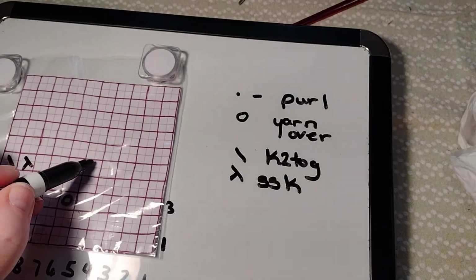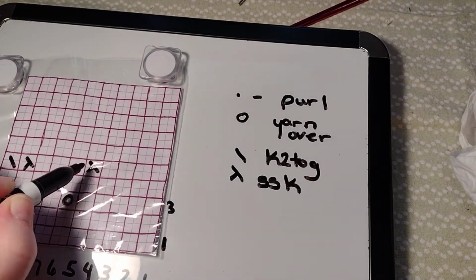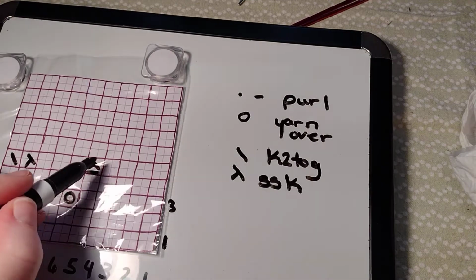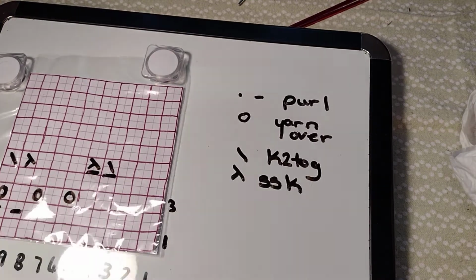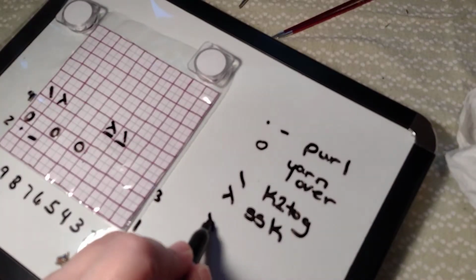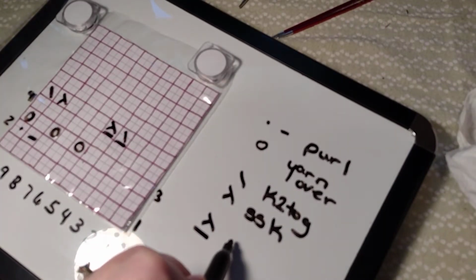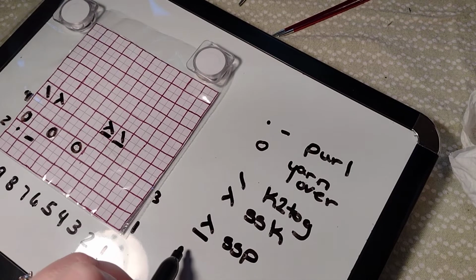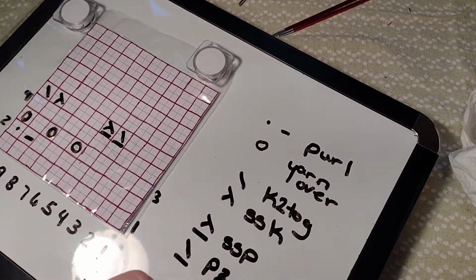So if it's this way still, but it has a little line underneath it, or a slash with a line underneath it, that will be a purl 2 together. So this with a line is SSP, or this with a line underneath it is purl 2 together.